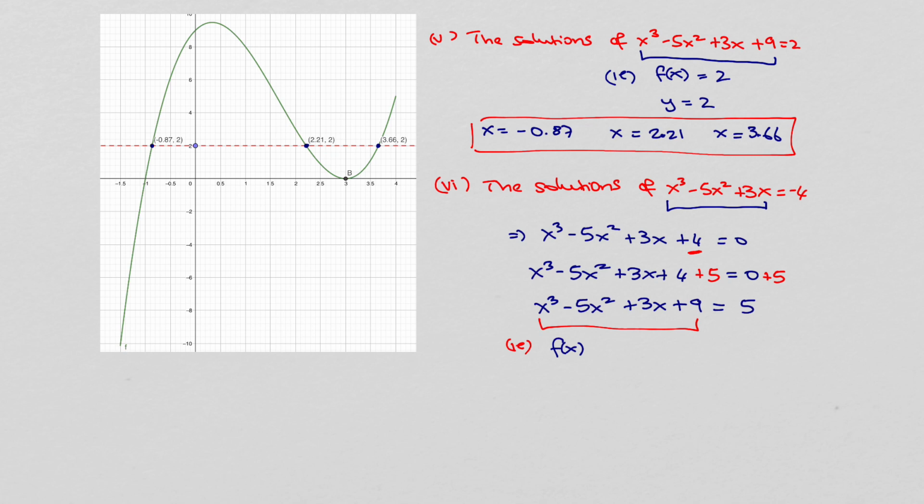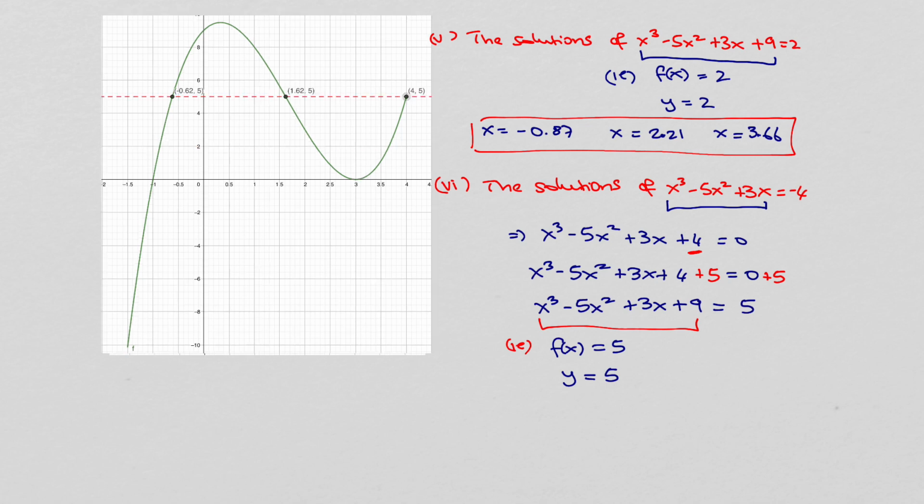It's where is the function equal to 5? In other words, the line y equals 5, where does it cut the graph? This is a little higher up than the previous one, and we can see it cuts the graph again 3 times, at x approximately minus 0.62, x equal to 1.62, and x equal to 4. So again, you'll get more rough approximations than I will, but they should be in and around these answers.